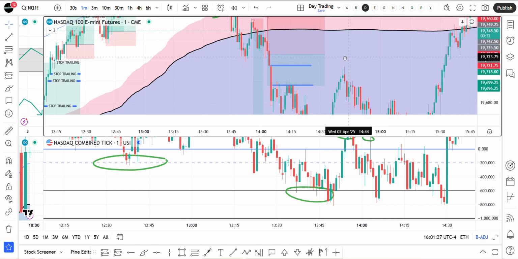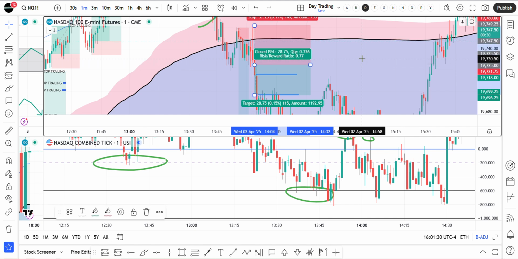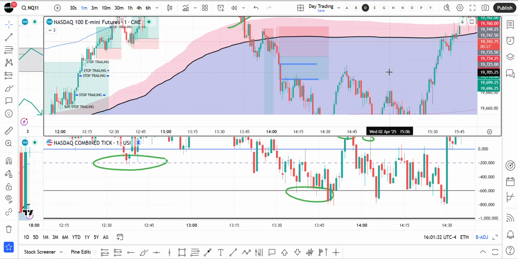Oh, negative risk reward. Oh, that kind of sucks. Actually, it doesn't kind of suck, it does suck.